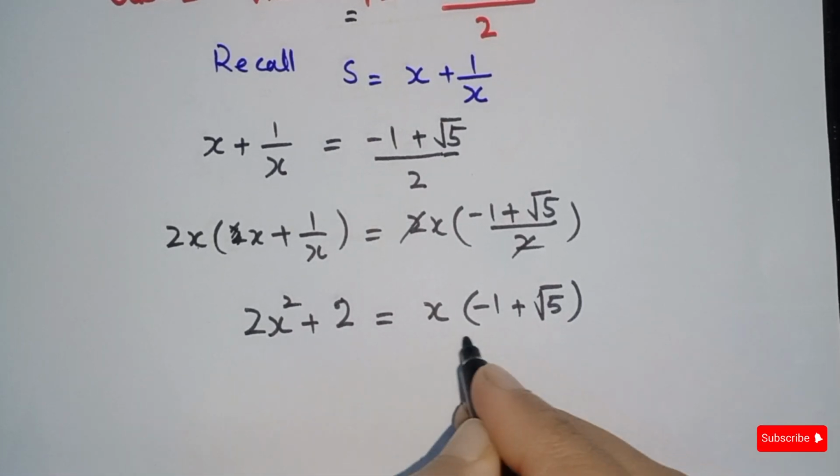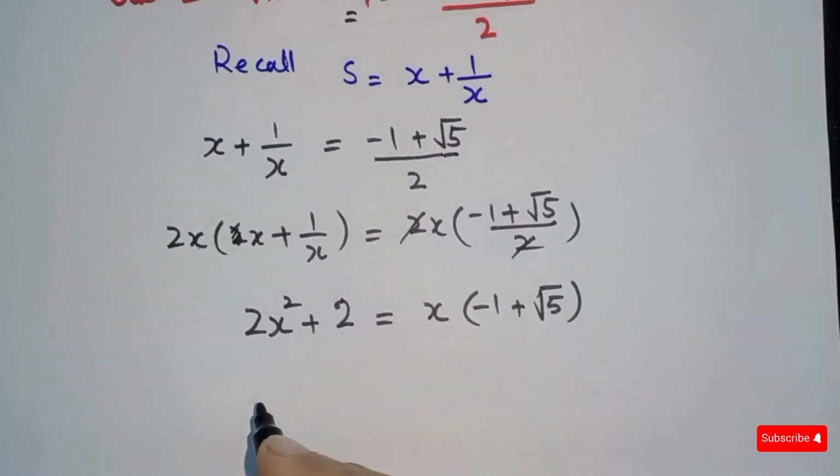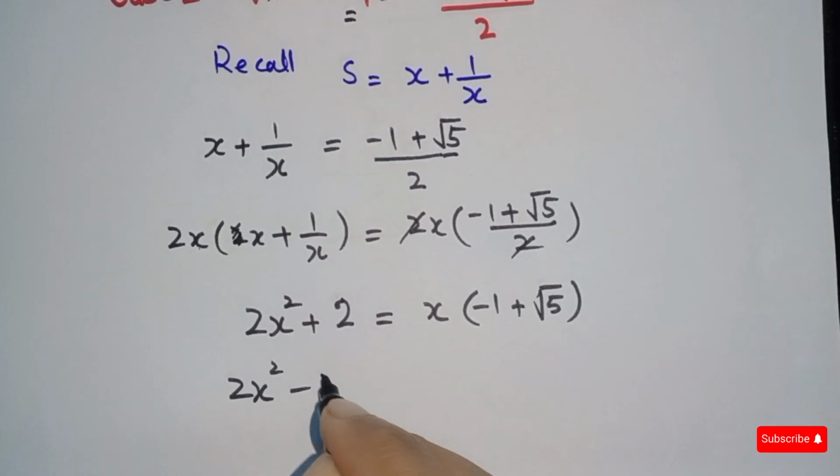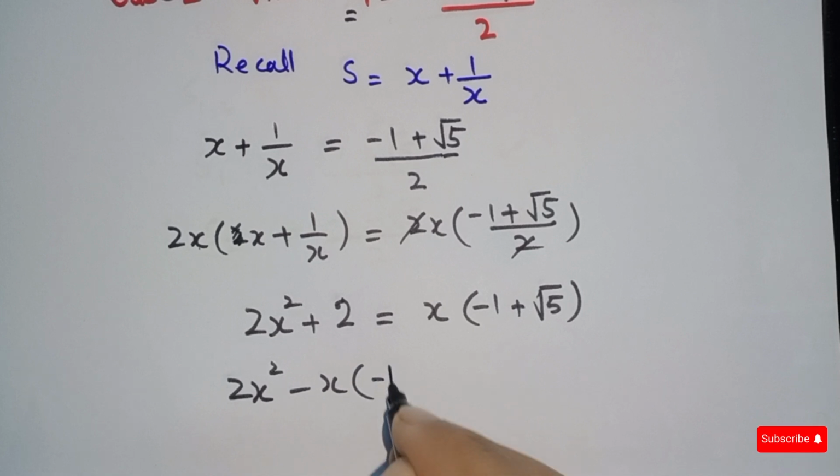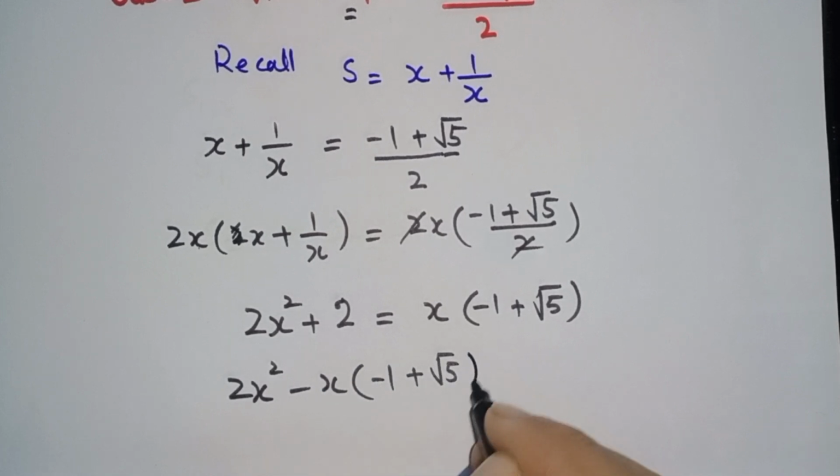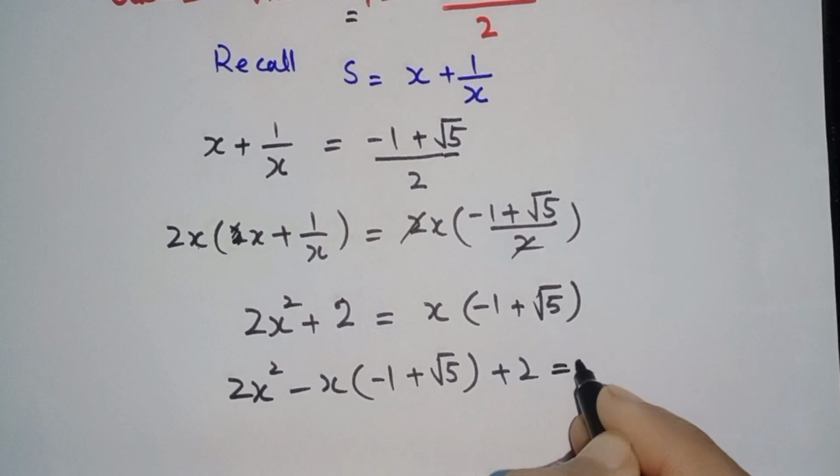So from here we will bring this expression on left hand side. We will write 2x square minus x minus 1 plus square root 5 plus 2.